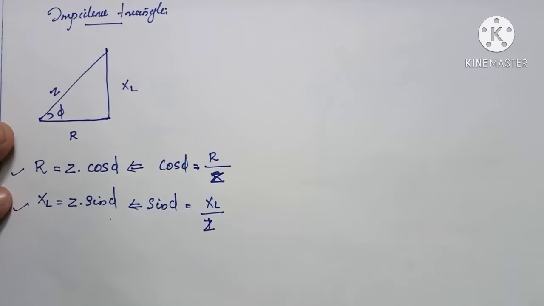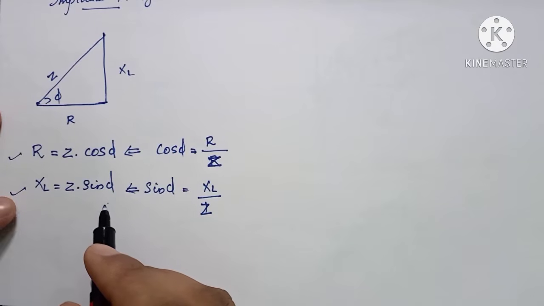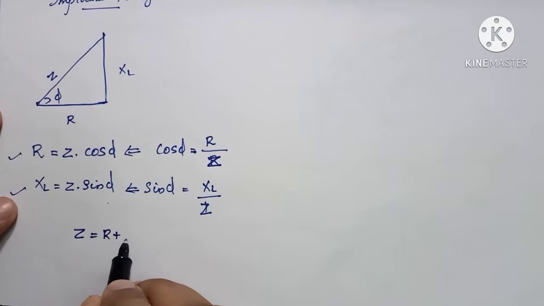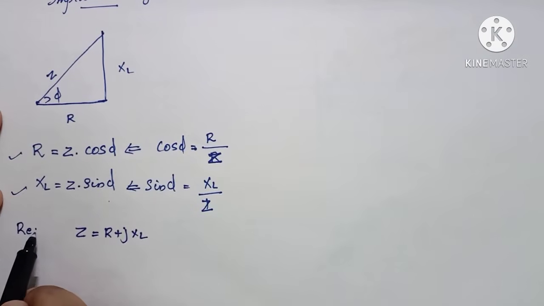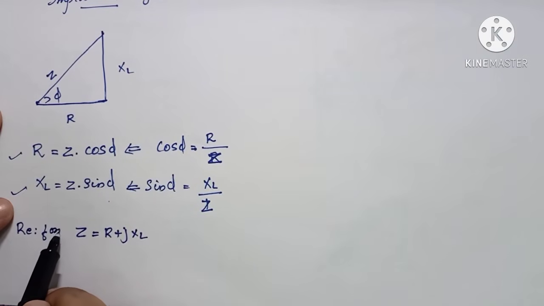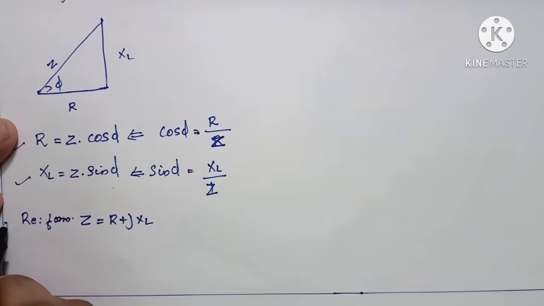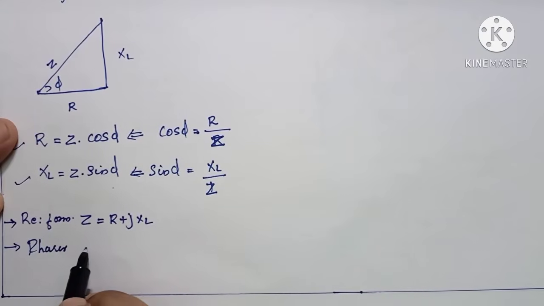Next we can think about the rectangular form for the impedance, that is Z is equal to R plus j into XL. This will be the rectangular form. Next we can discuss the impedance in phasor form.